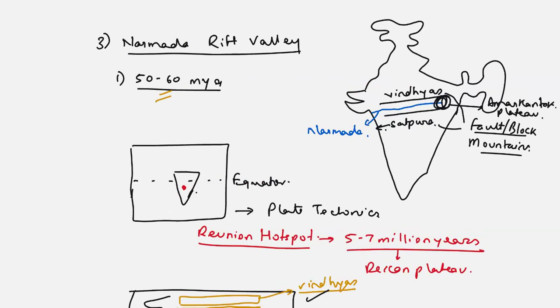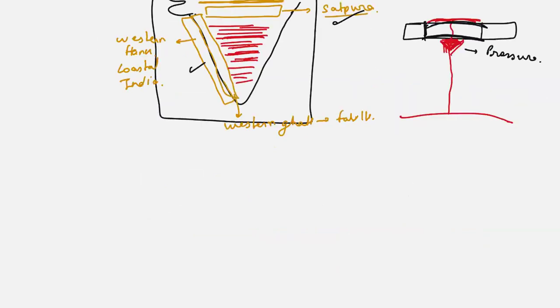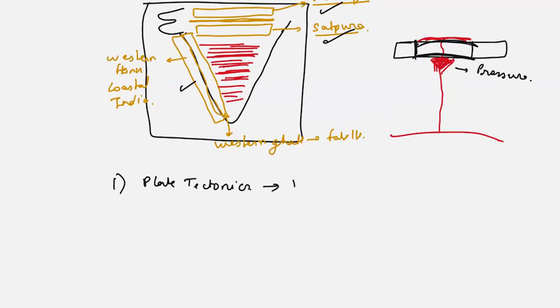Now, when we look at this, number one, here we have included plate tectonics. Plate tectonics explains how this rifting has occurred. Number two, with the Davis cycle of erosion, what happened here?